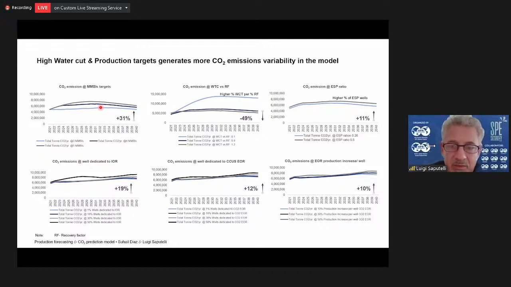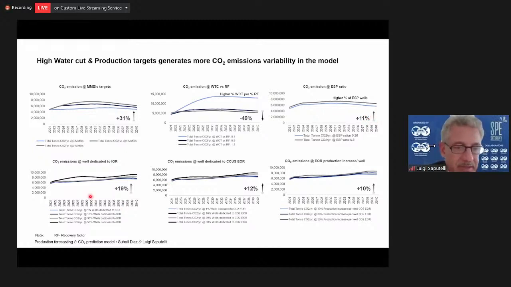Now, higher water cut: if we are able to use good reservoir management practices, if we are able to arrest decline from high water cut, we are able to produce and contribute. Look at this, almost 50% of the CO2 emissions can be related to this water cut control and water cut management. ESP wells in this water flooding field contribute close to 11% versus having gas lifted wells.